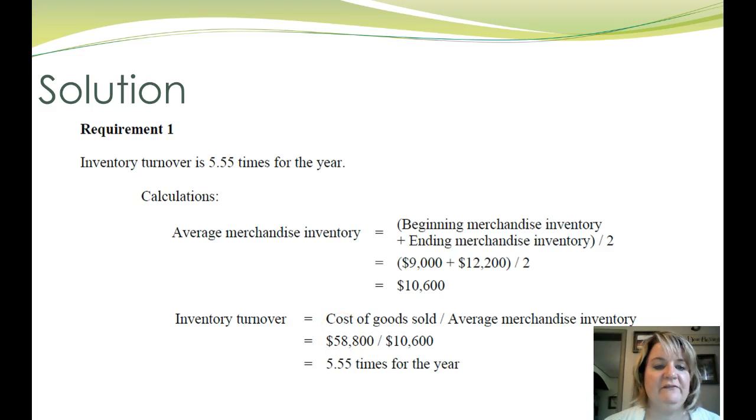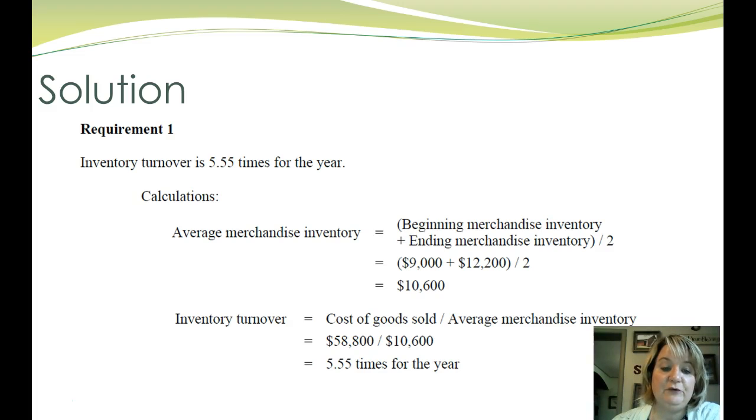Inventory turnover is 5.55 times for the year, and how you do that is average merchandise inventory, beginning merchandise inventory plus ending merchandise inventory divided by 2. So that's 9,000 plus 12,200 divided by 2 equals 10,600.